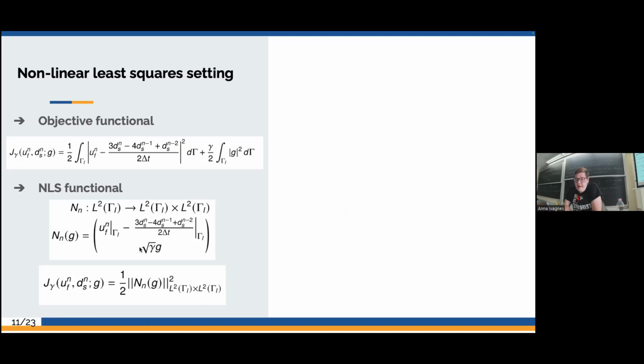For that, there exists a very effective optimization algorithm called Gauss-Newton, which is an iterative optimization algorithm.